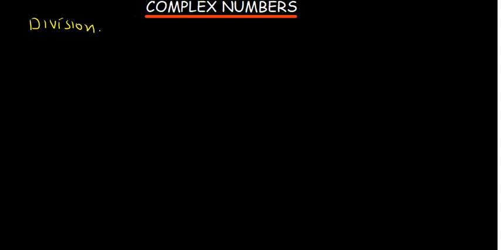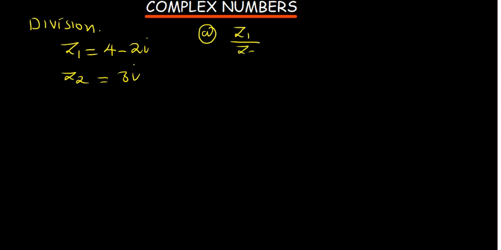Let's say we've got z1, which is equal to 4 minus 2i, and then you have got z2, which is equal to 3i. You now want to find z1 divided by z2. This is the question. How can you work it out?